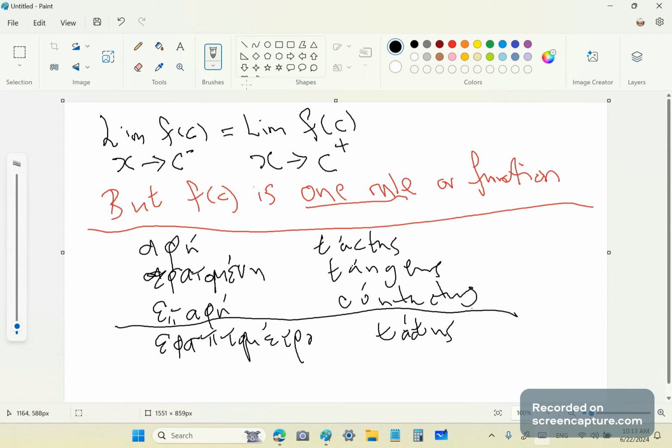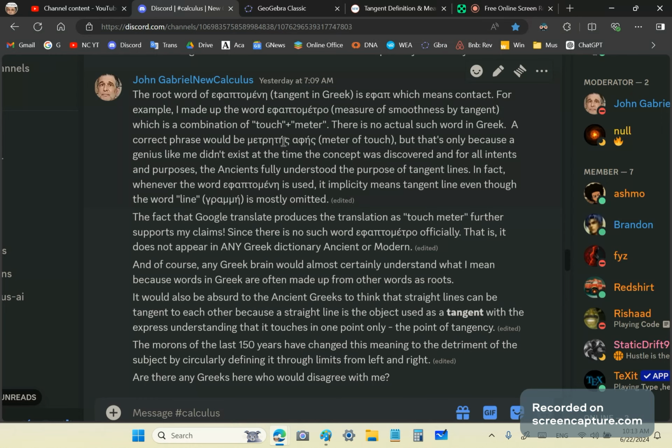Okay. So this word here is a combination of touch and meter, and it means to measure smoothness. Okay, so that's the original definition of the Greek word and that's how the concept came about.